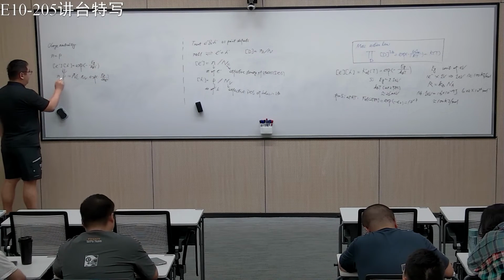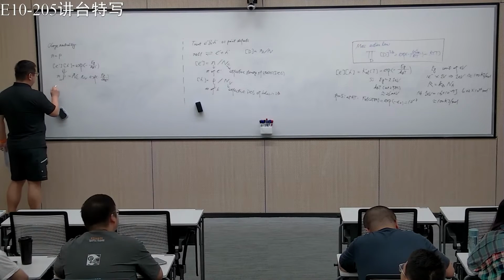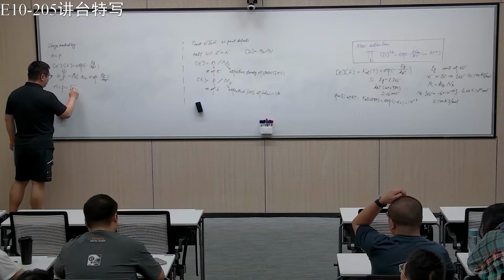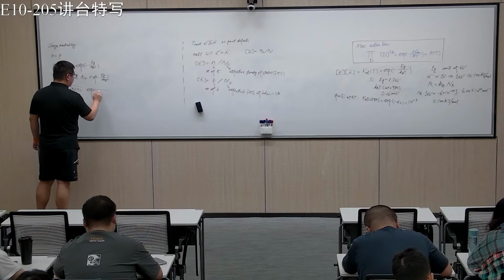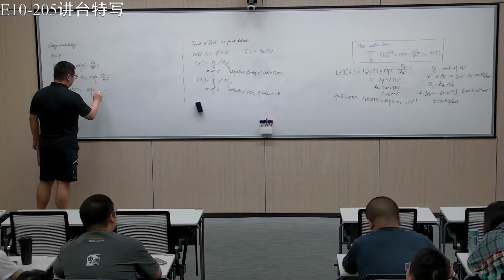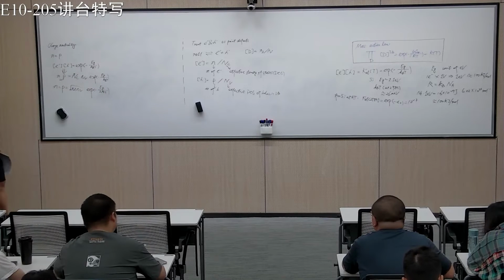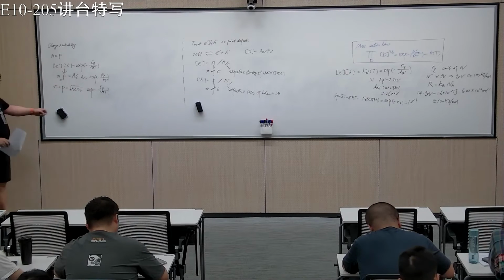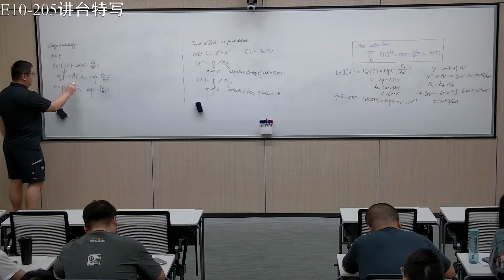Then if these two are the same, we have N equal to P equal to the square root of NC NV times exponential minus E_G over 2 k_BT. No problem, right? This is exactly like the Frenkel pair we solved, except that now we have this one.